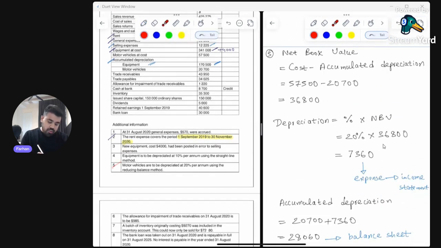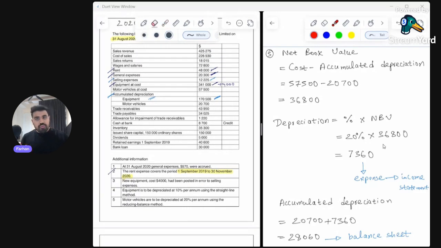Motor vehicles are to be depreciated at 20% per annum using the reducing balance method. All right. First of all, we are confident that we do not have to make any adjustments to the motor vehicle at cost amount because we do not have any adjustments. Now, how do we find the net book value? Every time you calculate depreciation using the reducing balance method, you always need to know the net book value.